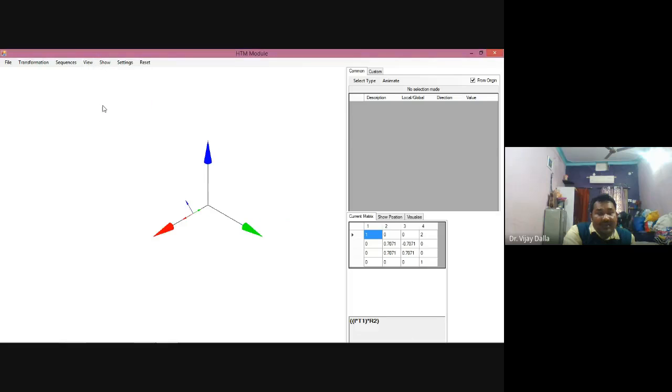And undo all zooms, and by resetting we get the initial values. So this was a little bit about the exposure of coordinates, how it got moved from one point to another point along the axis, and how it got rotated about the axis.